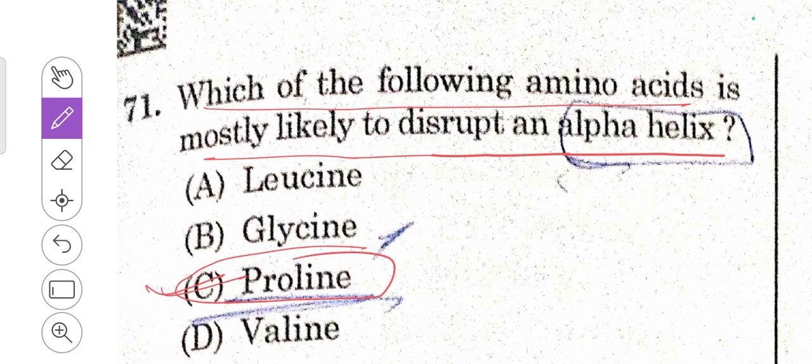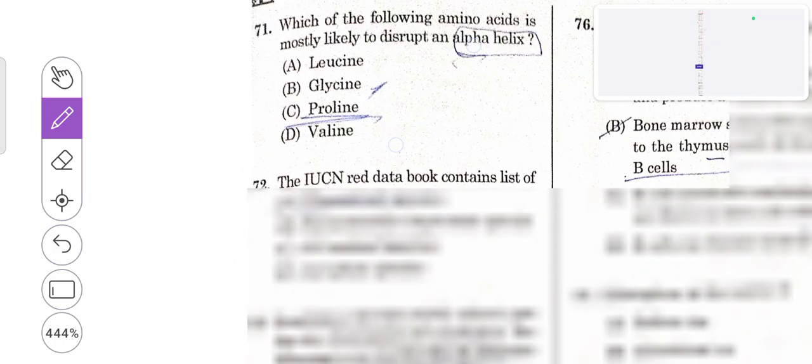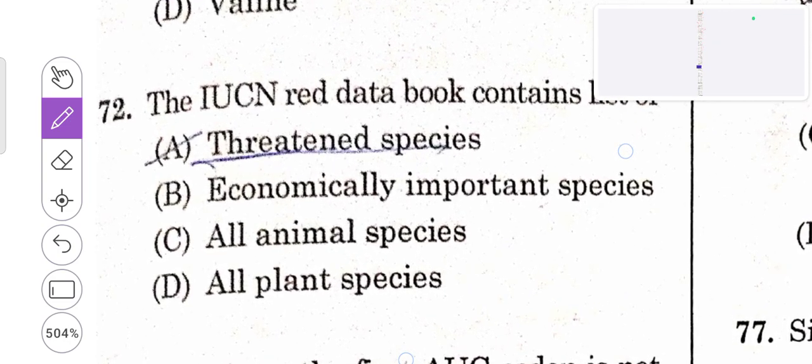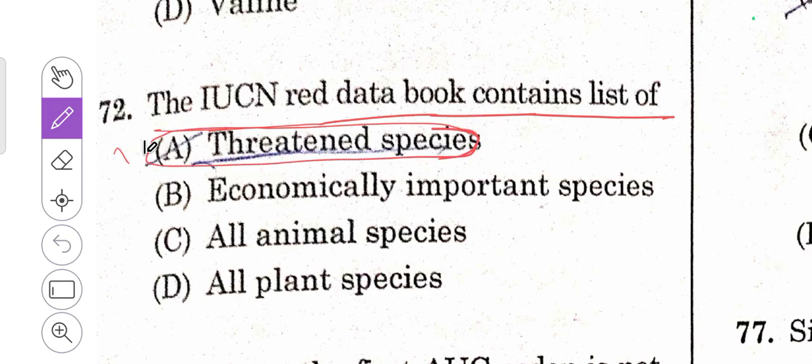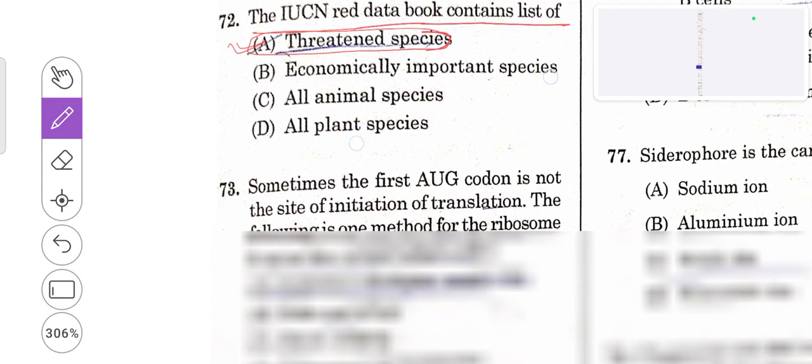So proline can disrupt the alpha helix. The IUCN Red Data Book contains a list of... This Red Data Book was initiated by the scientist Peter Scott. In this book, threatened species are listed. So A is the right answer.